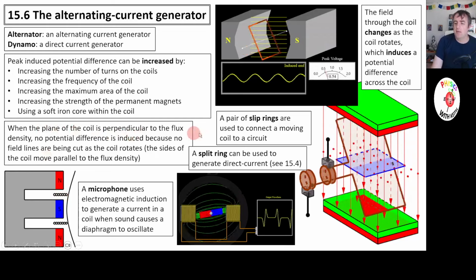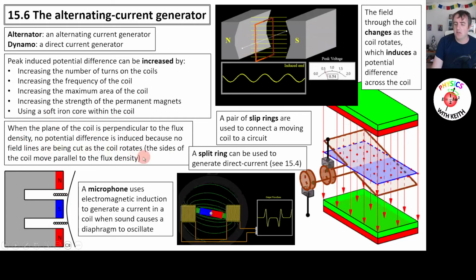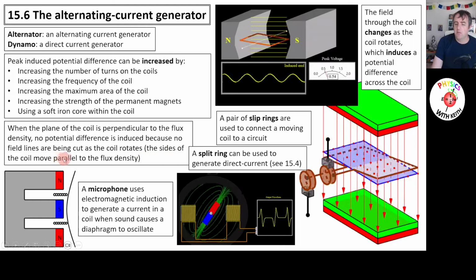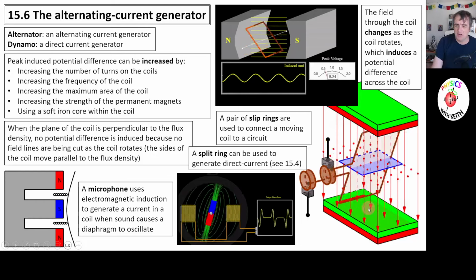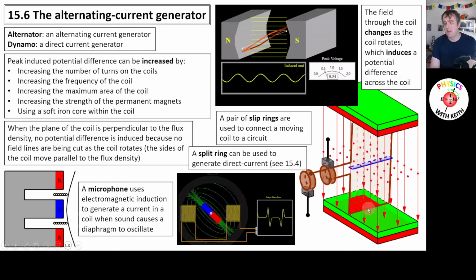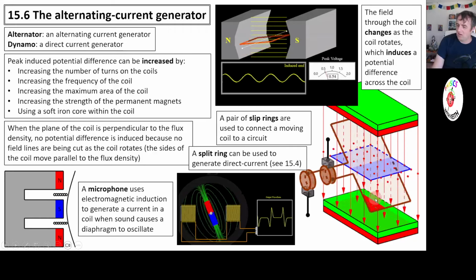When the plane of a coil is perpendicular to the flux density, no potential is induced because no field lines are being cut as the coil rotates. The sides of the coil move parallel to the flux density. It's complicated stuff. You don't really need that stuff. Perpendicular to the flux, yeah, when the plane is perpendicular to the flux.